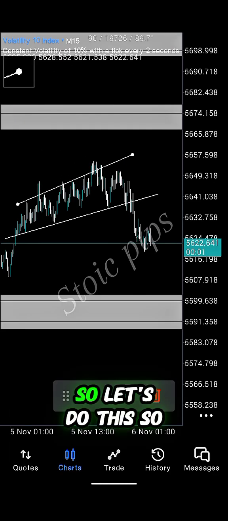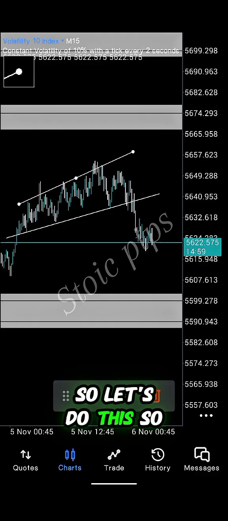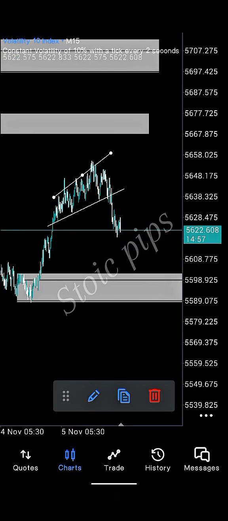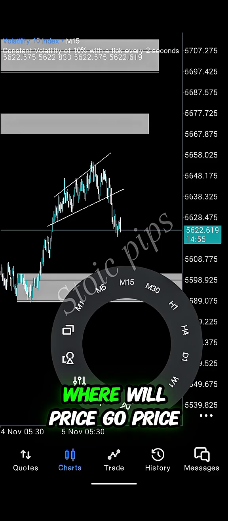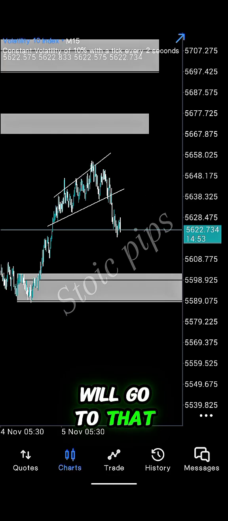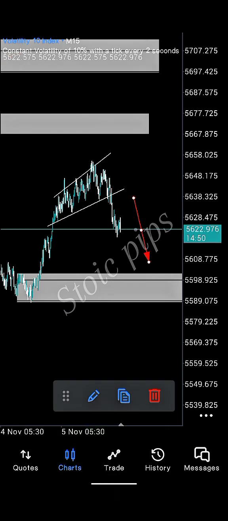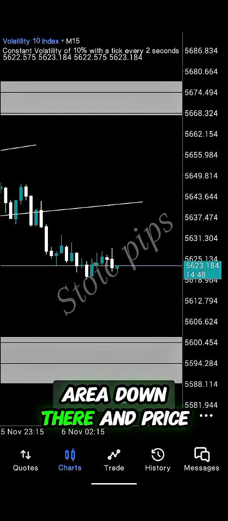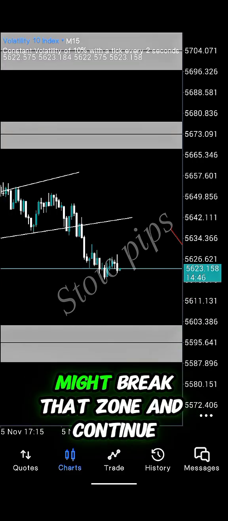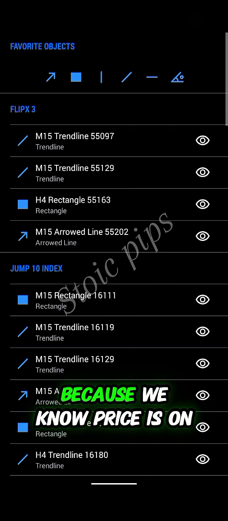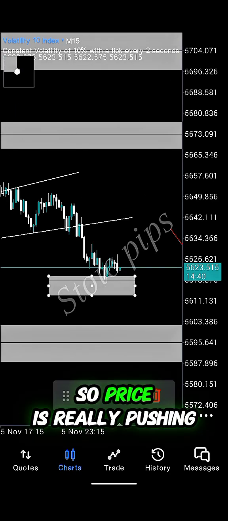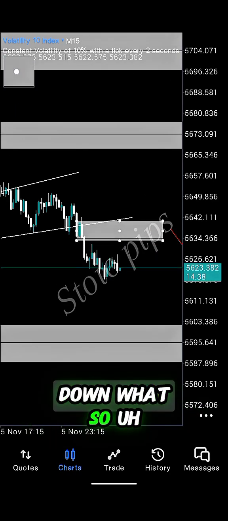So let's do this. Where will price go? Price will go to that area down there, and price might break that zone and continue down. Because we know price is on a downtrend, price is really pushing downwards.